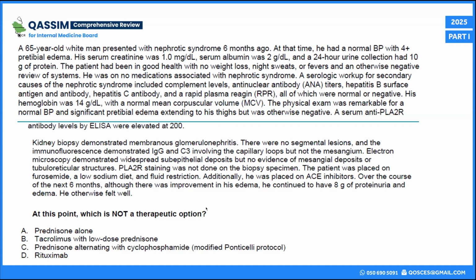What will we do for such a patient? What do you think the options are? Which is not correct here? Either prednisone alone, tacrolimus with low dose prednisolone, prednisolone alternate day with cyclophosphamide, or rituximab.